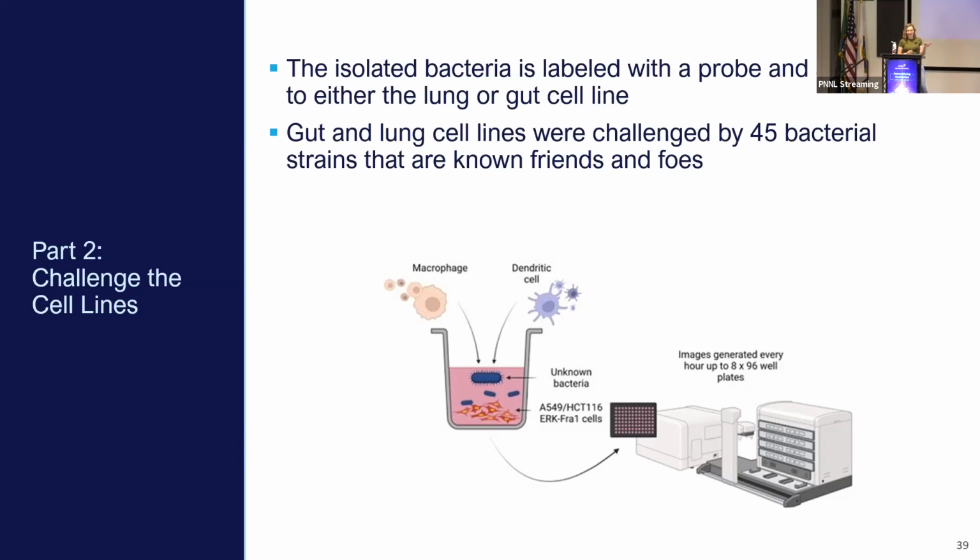We know that that's all labeled. So they introduced their knowns to the different gut and lung human cell lines, and then using microscopy, they imaged these 96 well plates over time. So this is where the vast amount of data collection starts happening that is labeled, because we've introduced known bacteria into the human cell lines.